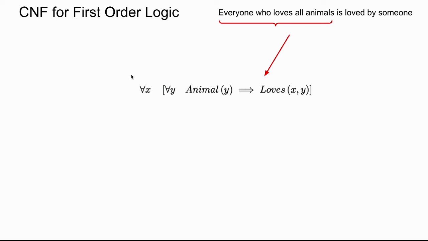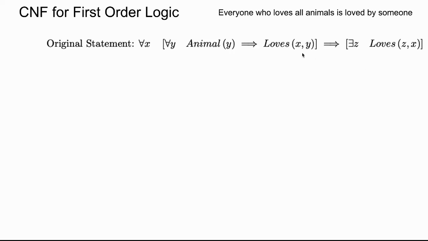That for all x, if y being an animal implies that x loves y, then we can say that there must exist a z for which loves z comma x is true. Okay, so for all x, if that x loves all animals, then there will definitely be a z which will love x.